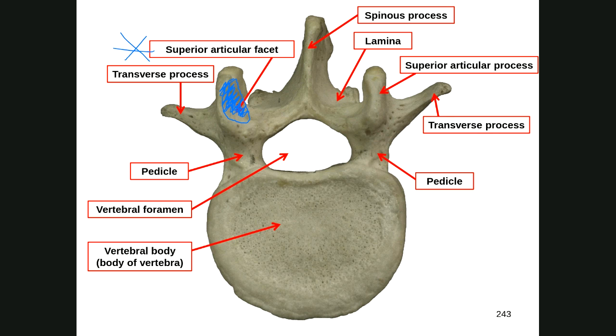So facet, think of it as a flattened surface. A fossa is kind of more like a depression. The facet is going to be just a flattened, smooth area. Remember, our joint surfaces, you want them smooth, nice and smooth. You want as little friction as possible.